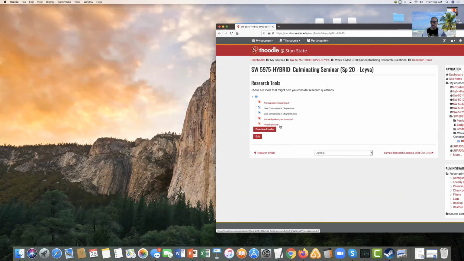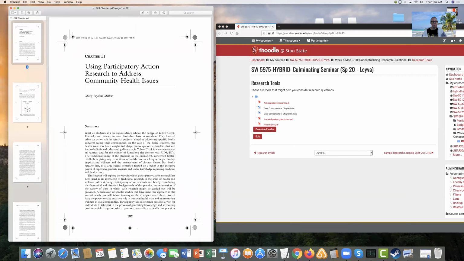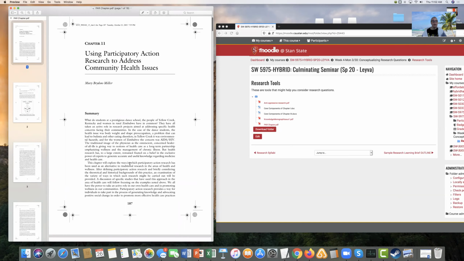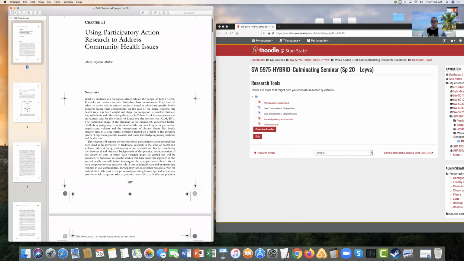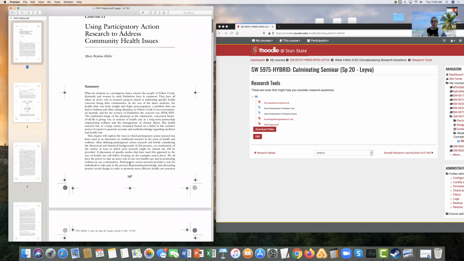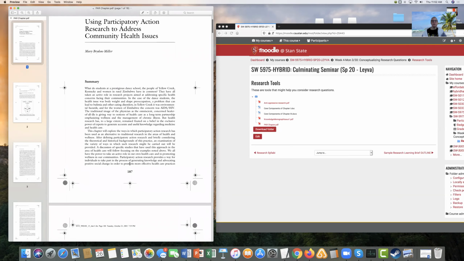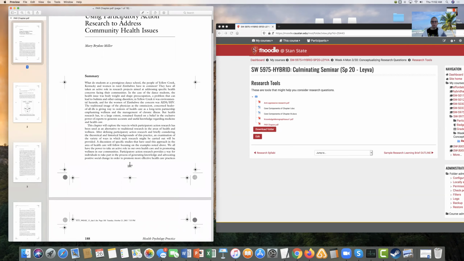The third article is the article on participatory action research, which Dr. Garcia writes about quite a bit. And this is just another primer or introductory article on how to use this research method to address social work issues.